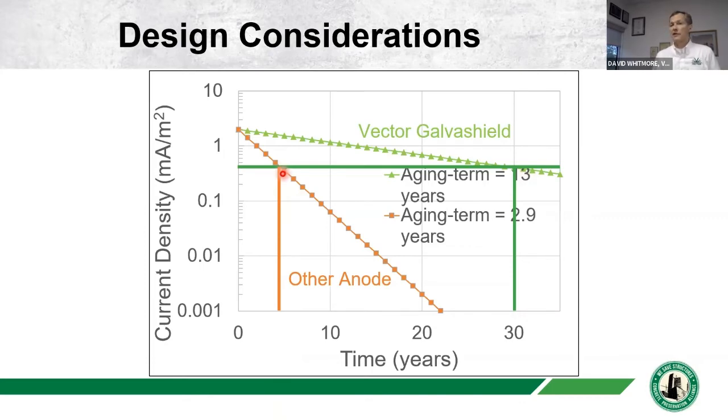Now, if it has a longer aging term than 13, then this line is going to be more flat, and you might be able to start at a lower current density and still have the design current that you want at the design life for your anode. So you just need to establish what you want to achieve and then design in order to achieve that.